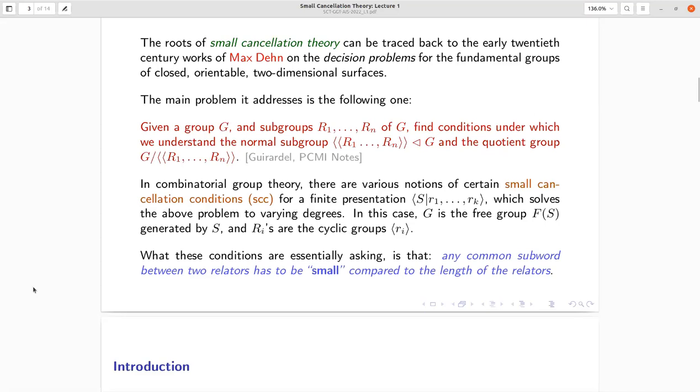So the classical small cancellation theory, which started mainly from Dehn's work, and then many other people proved many other results, deals with a free group generated by finitely many elements S, and giving conditions on suitable finite subsets of elements, the relators, so that we can say nice things about the quotient group F_S quotiented by the normal closure, the normal subgroup generated by all these cyclic groups generated by the Ri's.